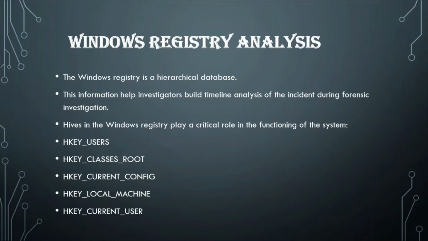This Hive contains configuration information related to the application used for opening various files on the system. HKEY_CURRENT_CONFIG. This Hive contains all the hardware profiles the system uses at startup. HKEY_LOCAL_MACHINE. This Hive contains a vast array of configuration information for the system, including hardware settings and software settings. HKEY_CURRENT_USER. It is the active loaded user profile for the currently logged on user.